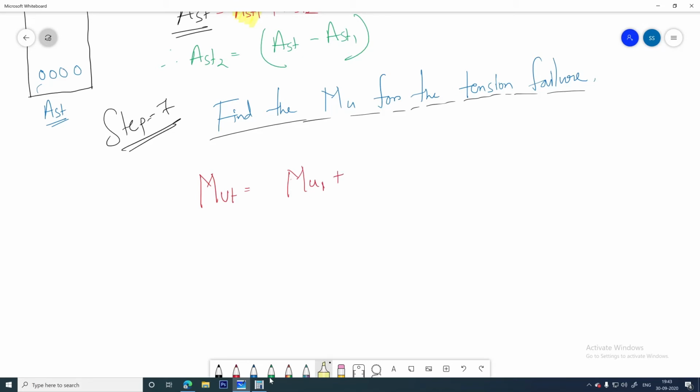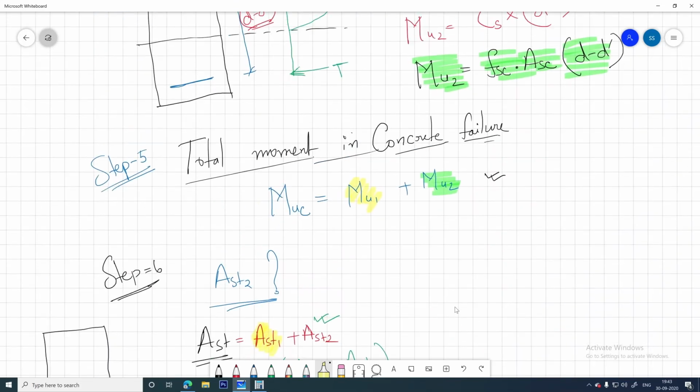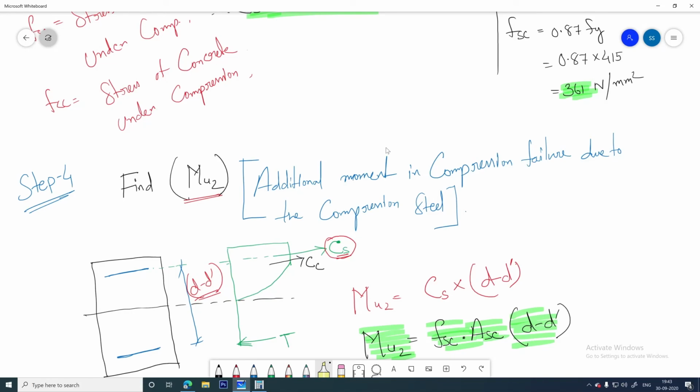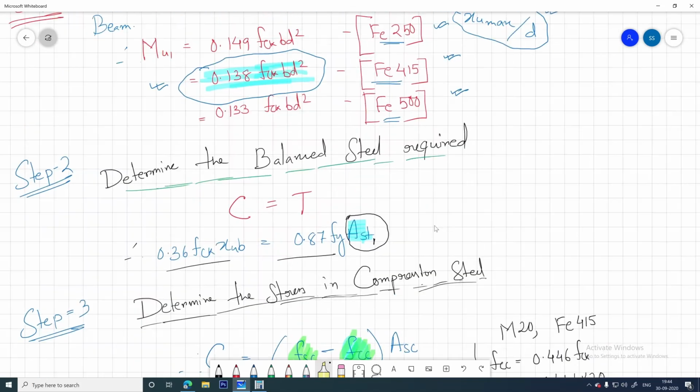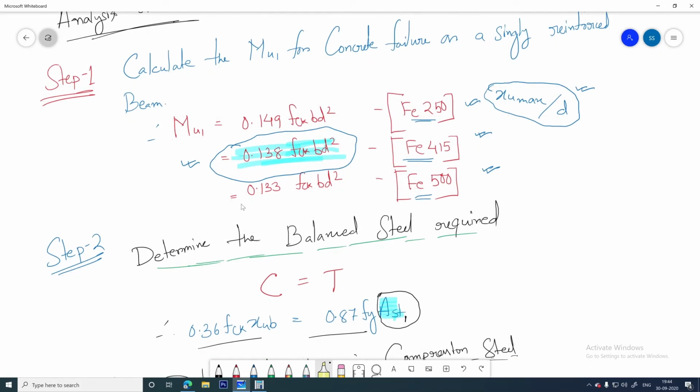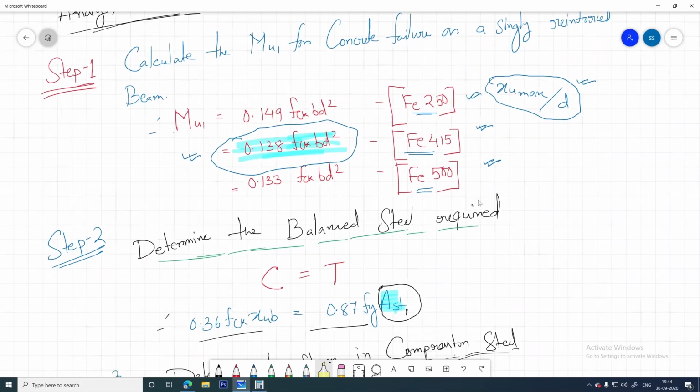This Mu1 is the same as before, like previously I told you in case of MUC, this Mu1 is the same. Mu1 is how much? This one, 0.138 fck b d square or 0.149 or 0.133 or the formula given in the code. Any one formula you can consider.